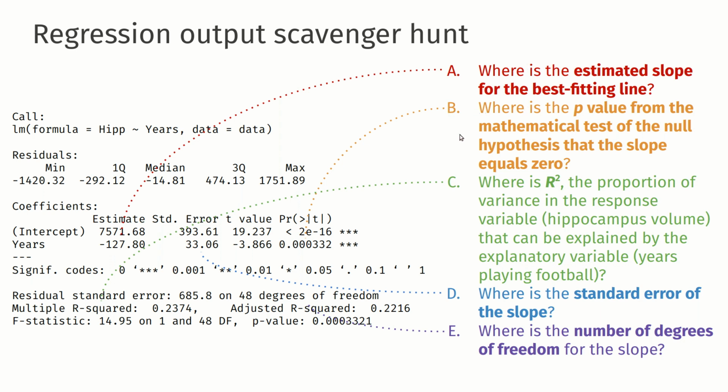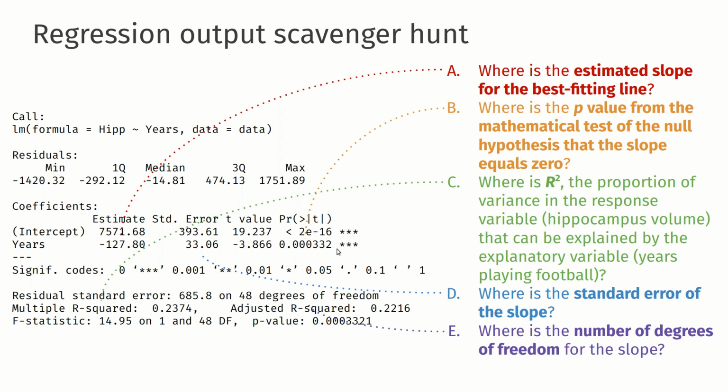Second, I mentioned that the mathematical model for testing the null hypothesis that the slope is equal to 0 is based on the t-distribution. And if we want to find the p-value that would result from that, we look in that same row of this table, and there's a thing that looks like a p-value. It's the probability of getting something that is bigger than a particular amount, and here it is.